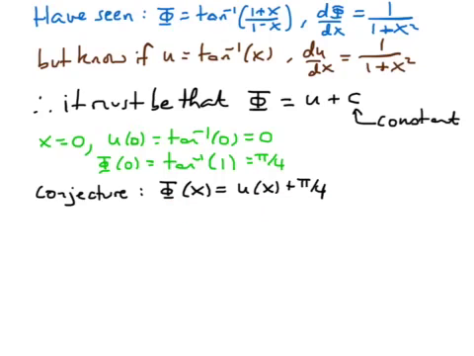If it does, it is certainly immediately the case that d phi dx would be du dx plus 0, because the derivative of a constant vanishes, and that would agree entirely with what we have seen here. So, assuming it's true that phi of x is u of x plus pi over 4, what can we do to verify that this is the case?